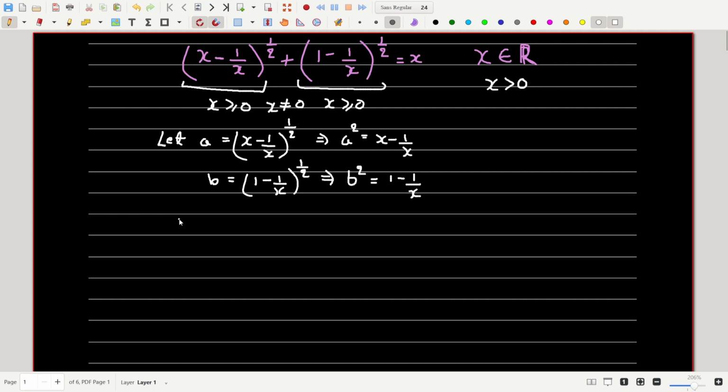Now let us find the value of a square minus b square, and this will be equal to x minus 1 upon x minus 1 plus 1 upon x. These two terms will cancel out and I'll get a square minus b square is equal to x minus 1.